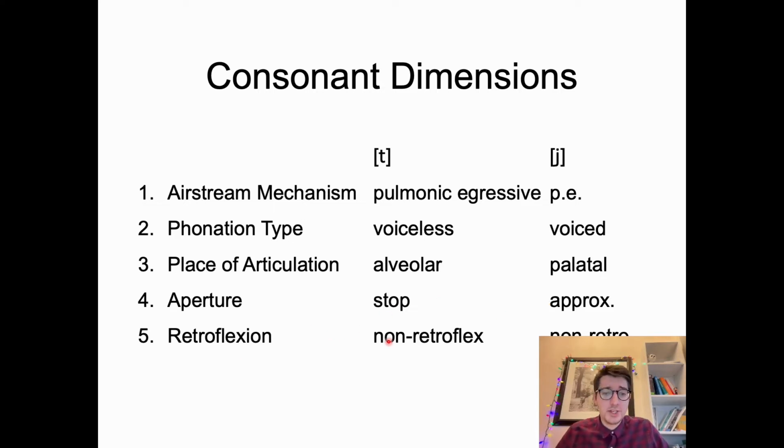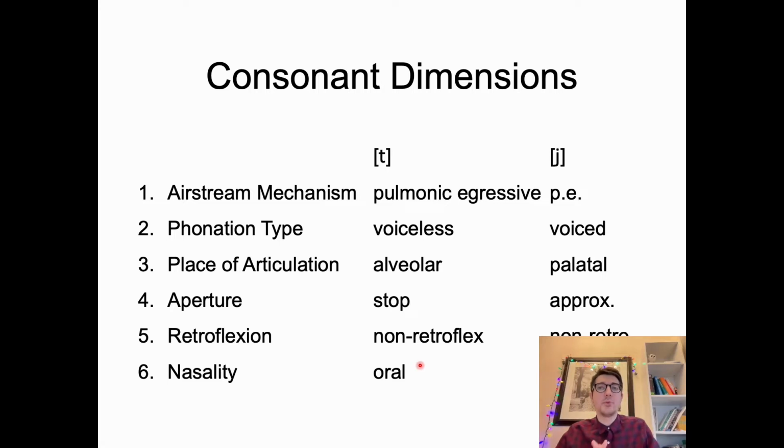Then we have retroflexion, whereby the t is non-retroflex and y is non-retroflex. For example, r would be a retroflex sound, in which we curl up our tongue to the back, and the tip of the tongue is meeting the postalveolar ridge of the palate, which we will talk about in a second. So the sixth dimension with which we describe consonants is nasality.